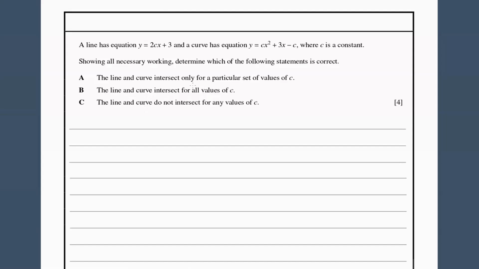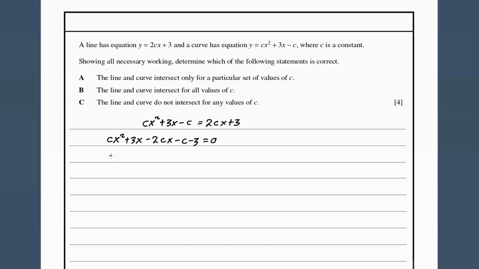Alright. Okay, so we have two equations here representing a line and a curve. And we're going to equate these two equations since they are both in the form y is equal to something. So we can say here that cx squared plus 3x minus c is equal to 2cx plus 3. Taking everything to one side, we'll be having cx squared plus 3x minus 2cx, and that's minus c minus 3 equal to 0.